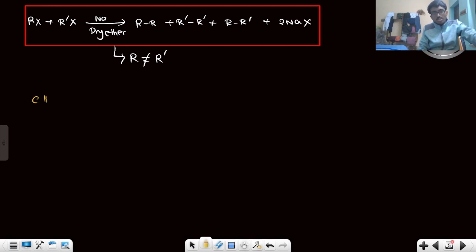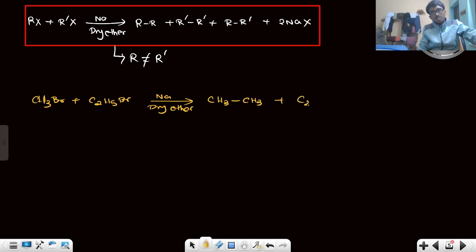Suppose it is CH3Br plus C2H5Br in presence of Na, dry ether. So what will form? It can form CH3-CH3 plus C2H5-C2H5, or it can also form CH3-C2H5 plus 2NaBr.